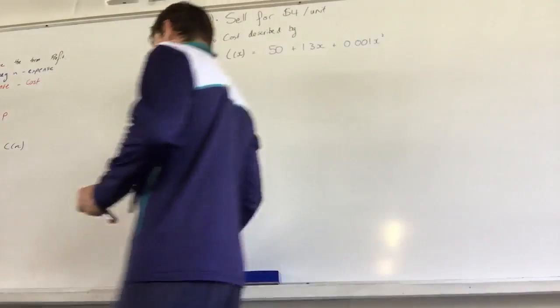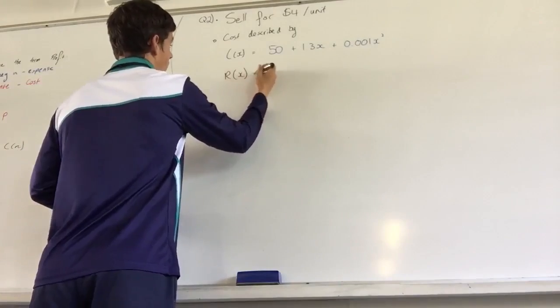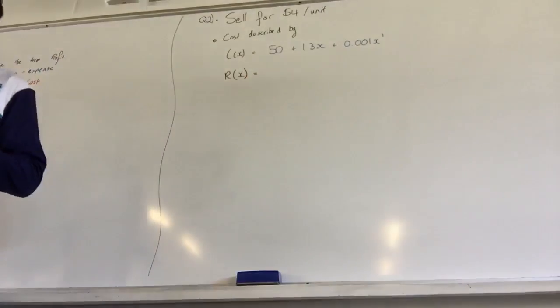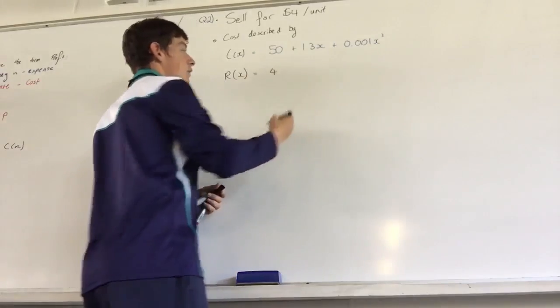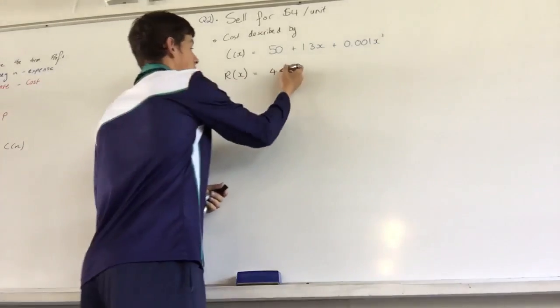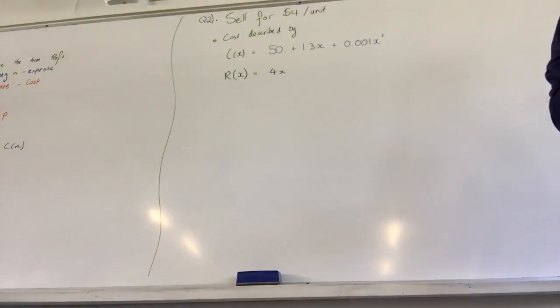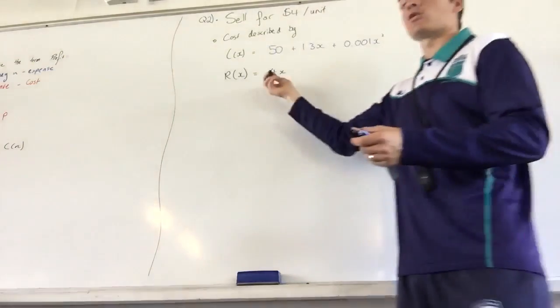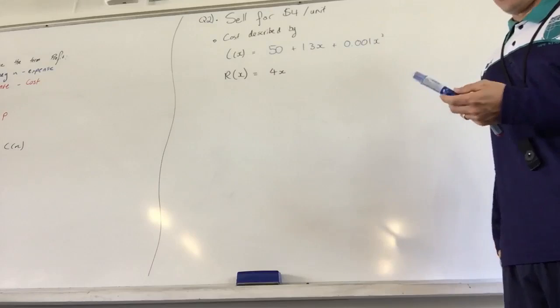Or R(x), sorry, not R(n). What's R(x) going to be? 4x, correct? You will make $4 per unit. So 4 times x will be our revenue, won't it? Wherever x is, you still want how many items there are.